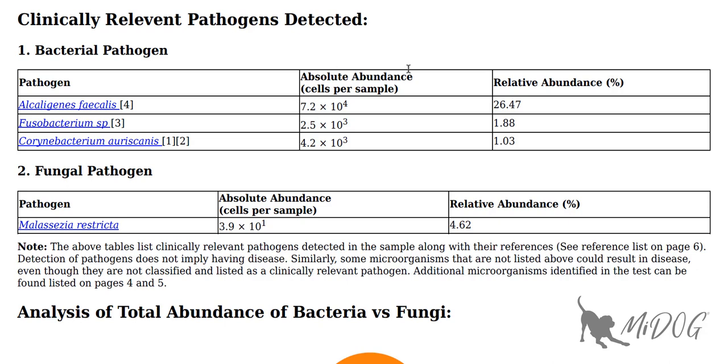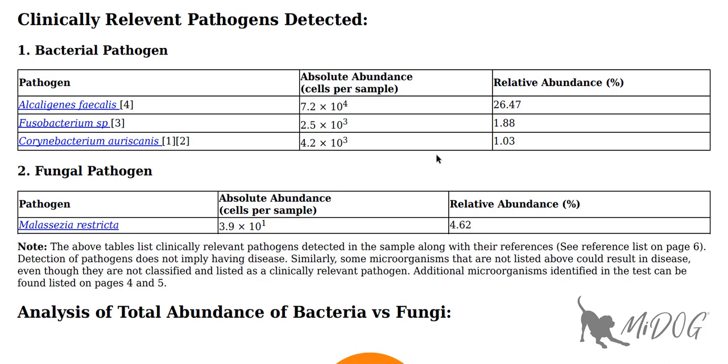The second column is the absolute abundance of the species detected. Absolute abundance is the cell count for the species in the sample. So for example here, Alcaligenes faecalis, we see 72,000 cells of the species in the sample.